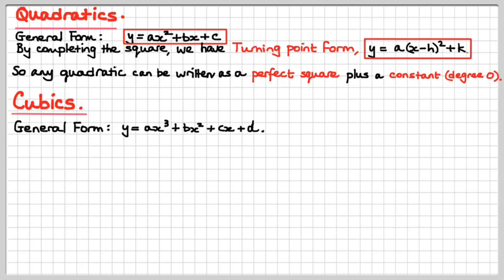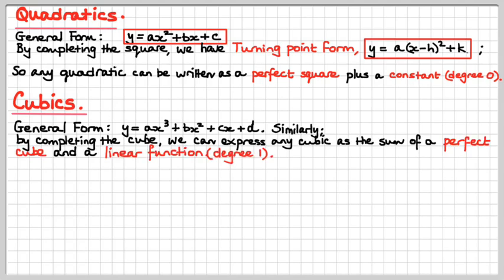Well, for cubics, now, there's a trend here, and of course, as you know, the trend is your friend. So the cubic has this general form of the equation: ax cubed plus bx squared plus cx plus d. So there's one extra term there, 4 terms instead of the 3 you have in the quadratic trinomials.